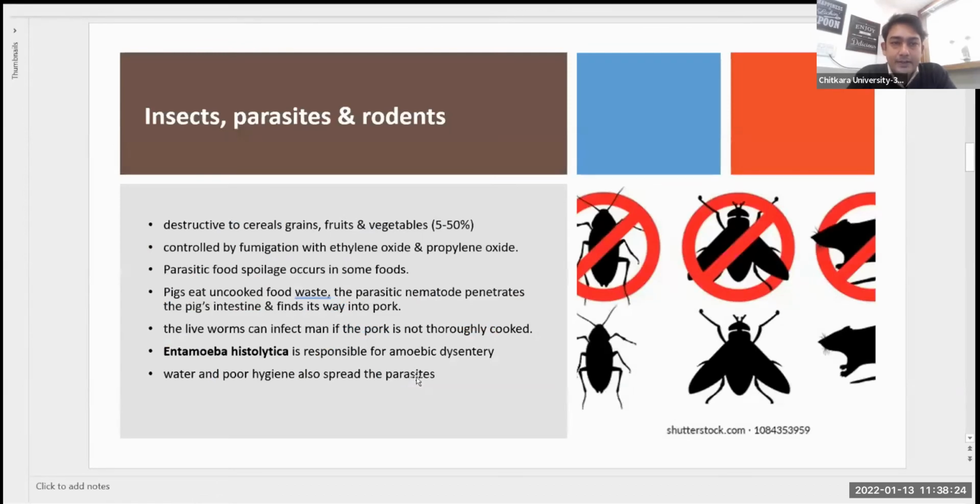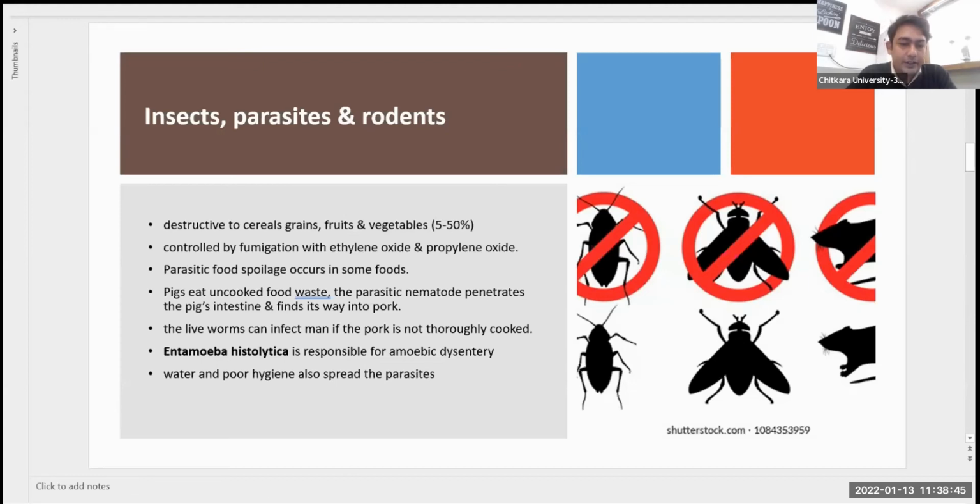Insects, parasites, and rodents. It is very important that when the grains, cereals, vegetables, or fruits are growing in the fields, we keep them away from insects, parasites, and rodents.